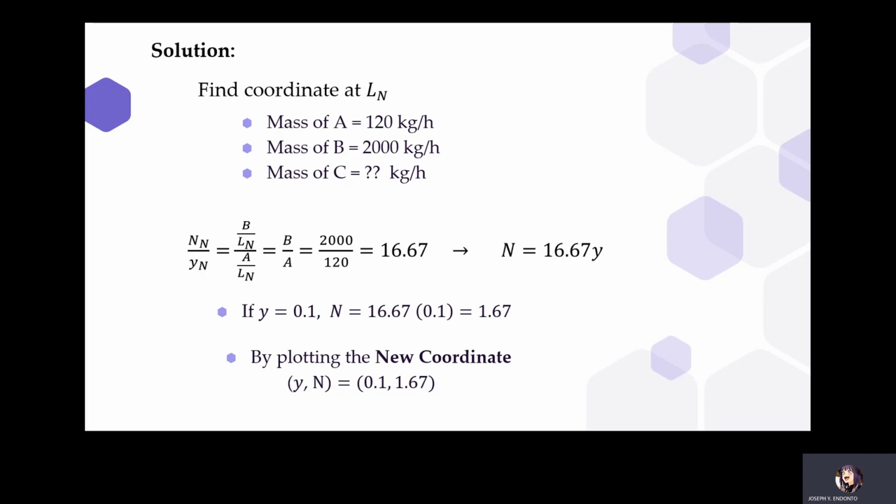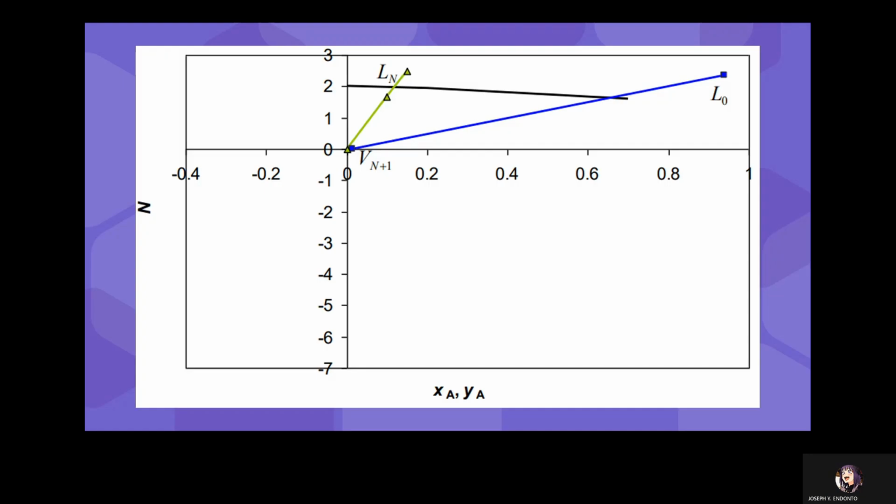So 2000 divided by 120 is equal to 16.67. So N here is 16.67 Y. Then if we assume that Y is equal to 0.1, then N is equal to 16.67 multiplied by 0.1, then the answer of N is equal to 1.67. So by plotting the new coordinate Y and N, the x coordinate is equal to 0.1 and the y coordinate is equal to 1.67.